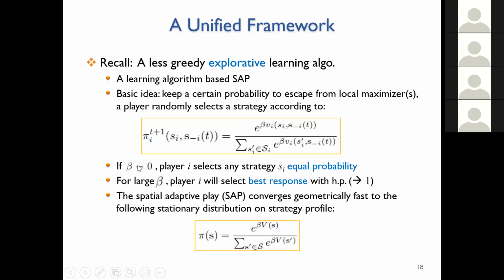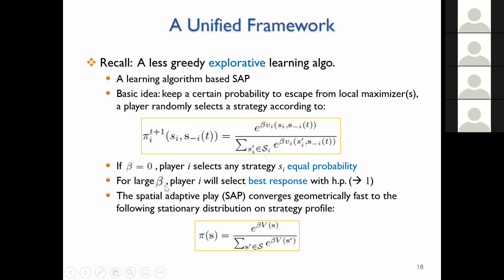If you make beta equal to 0, you will see just by mathematical substitution here, you will choose each power value level with equal probability, because at the end the pi will be equal, have the same number for any state by beta equal to 0.